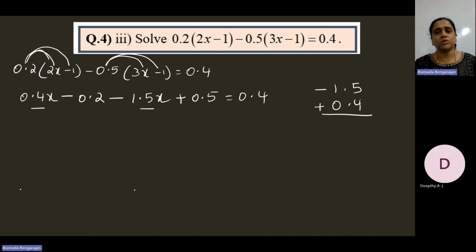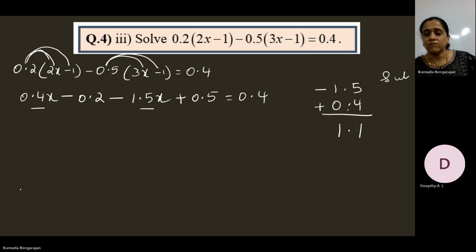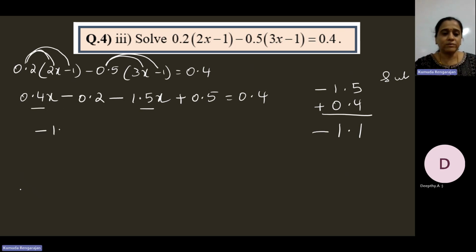Different signs, what should we do? Subtract, and put the sign of the greater number. When you subtract, what do you get? 1.1. The greater number is 1.5, so the minus sign. So minus 1.1x.